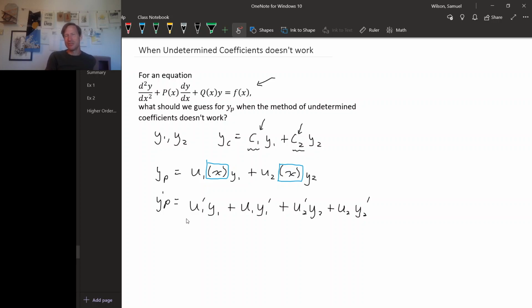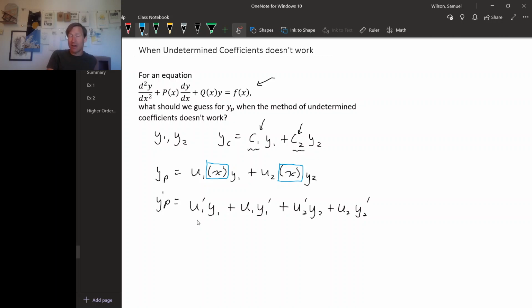Usually, to solve a system of equations, you need the same number of equations as unknowns. We're only going to have one equation, but we have 2 unknowns, so we should be able to choose a second equation. Now, it takes some trial and error to see what is a sensible choice for a second equation, but one thing we might hope is to have some equation that makes this expression for y sub p prime simpler, so that when we take its derivative, we don't get quite such a mess.